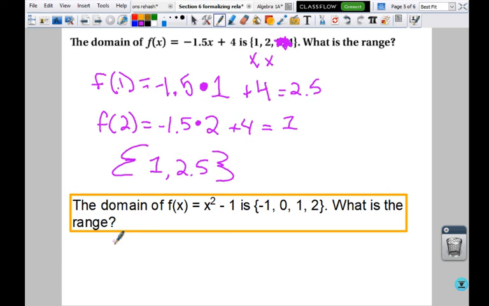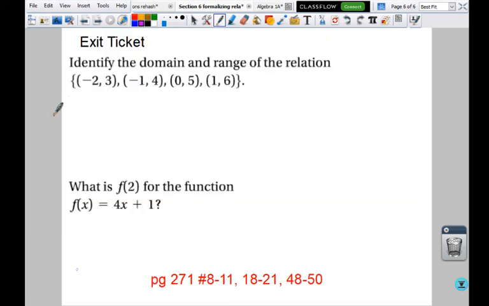Alright, we've got about 10 minutes left. I know we haven't done an in-class problem on this, but I want you to have some time to answer your exit ticket problem. So we're going to skip that in-class problem and just do the exit ticket.